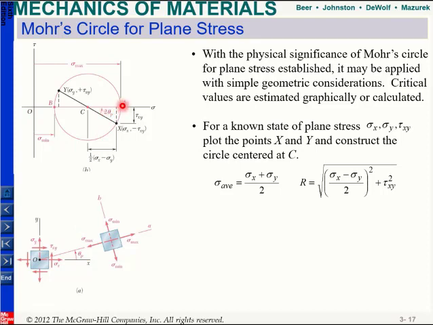Then you will end up with X becoming A and Y becoming B. X will correspond to your maximum stress, and Y will correspond to your minimum stress. So this is a really effective method.